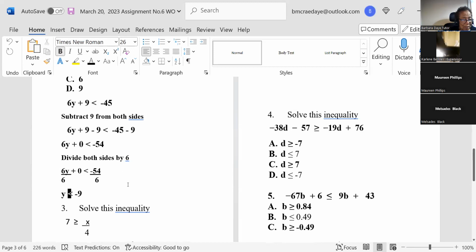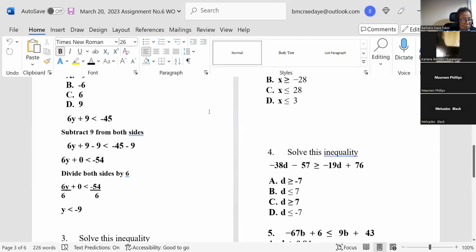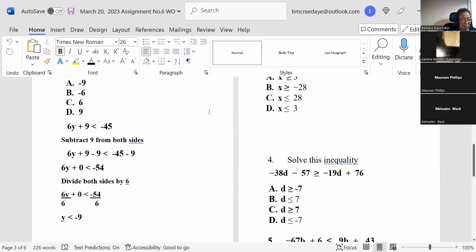Yes. And negative over positive gives negative. So that's how you get the minus 9. So Maureen, what's the answer? Minus 9. A, B, C, or D? A. Answer A.